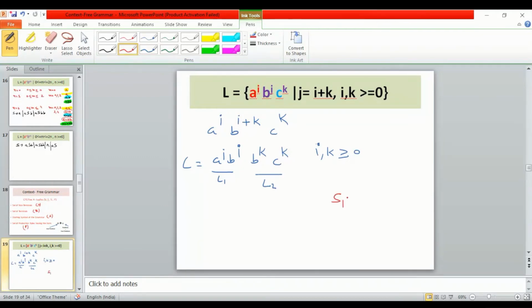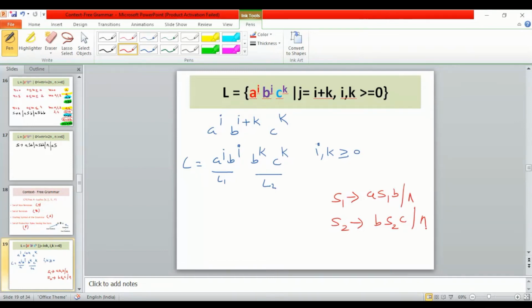For L1, I am using a starting symbol S1. For the L1 language, I will write S1 to A S1 B or null. For the S2 language, I will write S2 to B S2 C or null. So this is how we'll write it for the L2 language.